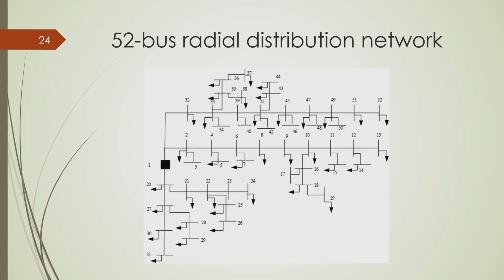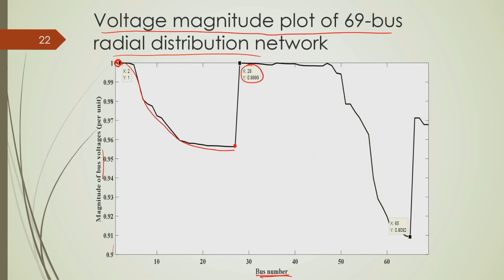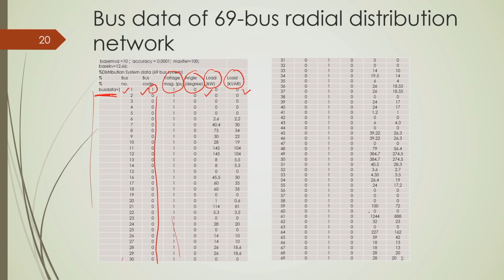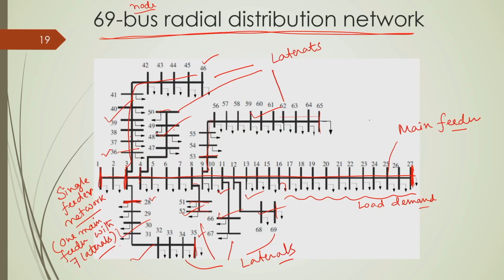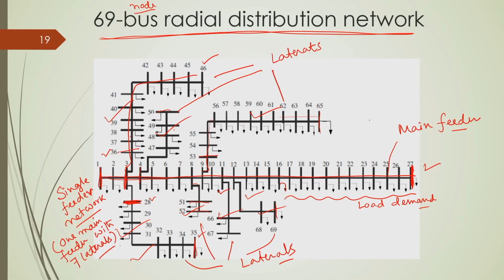Because up to node number 27 we have this main feeder. Then node number 28 is basically close to the substation. So, that is why its voltage is higher than node 27, because at node 27 there is that much voltage drop, and it is very far away from the substation, and there are several nodes connected in between, and there are several lines.